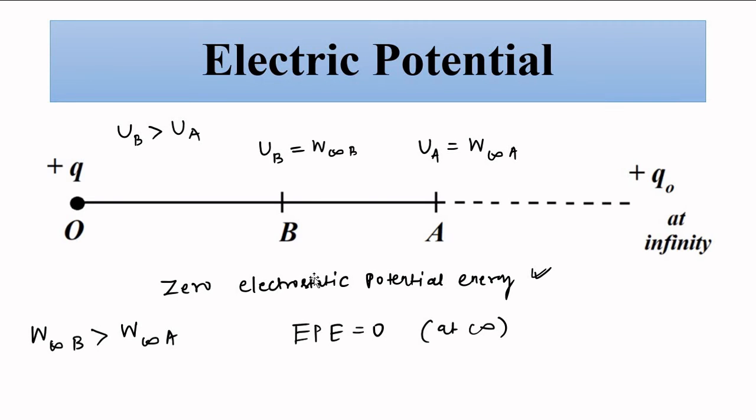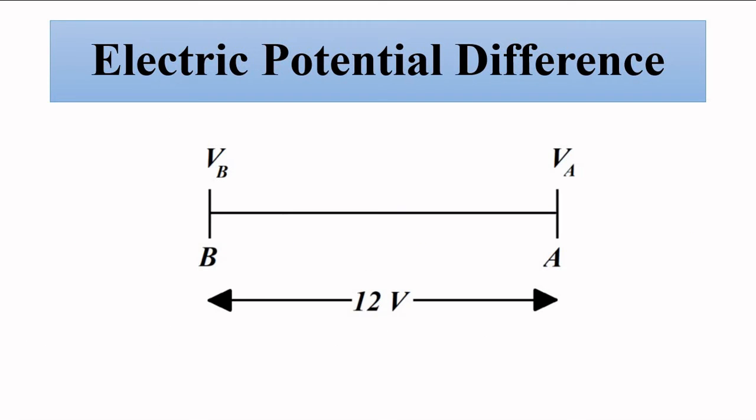That's why when we say simply electric potential, it is defined with respect to infinity. But when we say electric potential difference or electrostatic potential difference, it is with respect to 2 points at different values of electric potential.